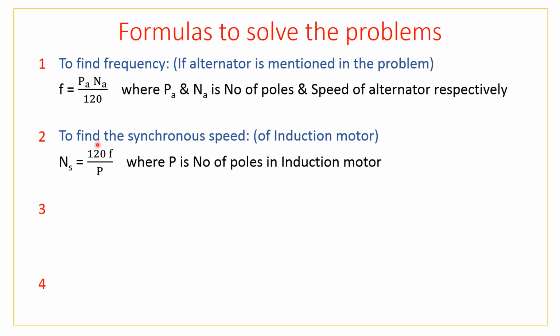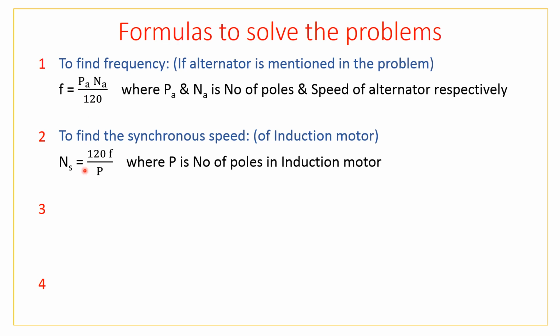From this we will get the synchronous speed associated with the induction motor. But you see that here P is the number of poles in the induction motor, whereas PA is the number of poles in the alternator, and f is the frequency obtained from the alternator, or f may be the supply frequency which is directly mentioned in the problem.